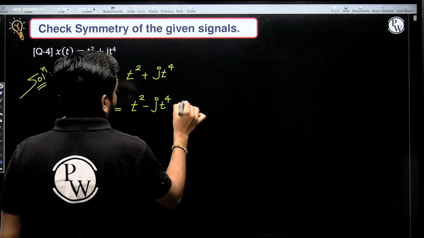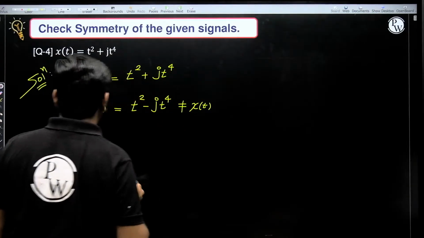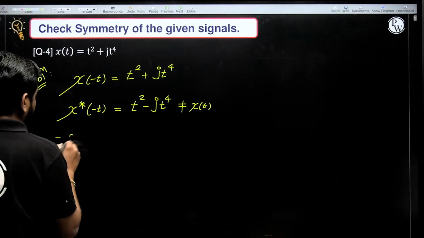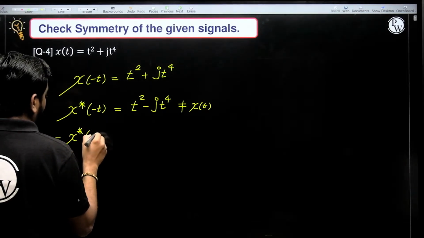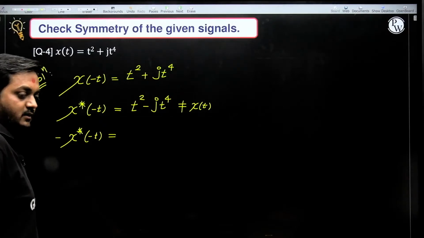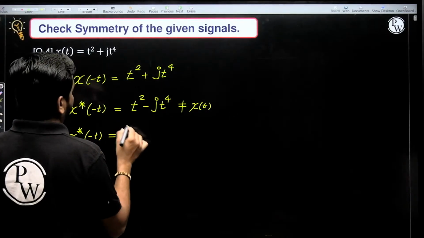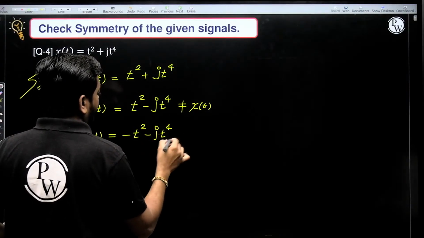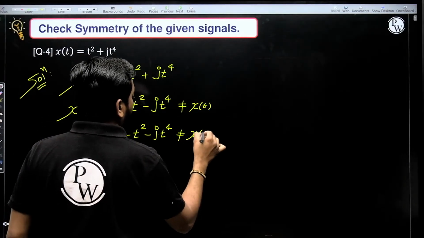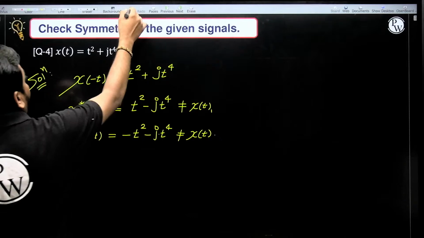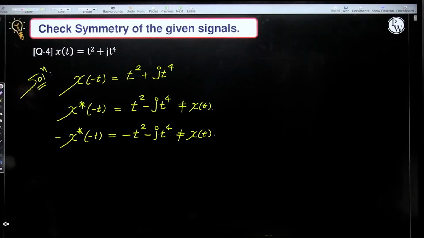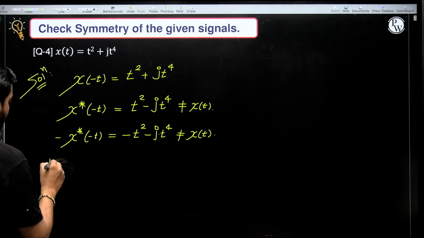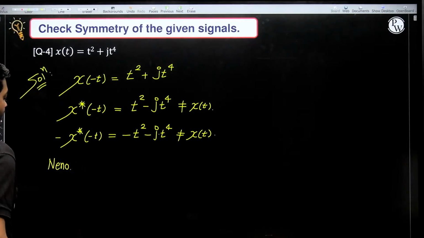This is not conjugate even. Next, for minus x conjugate of minus t, we get minus t square minus j t to the power 4, which is also not equal to x of t. So this is neither conjugate even nor odd.